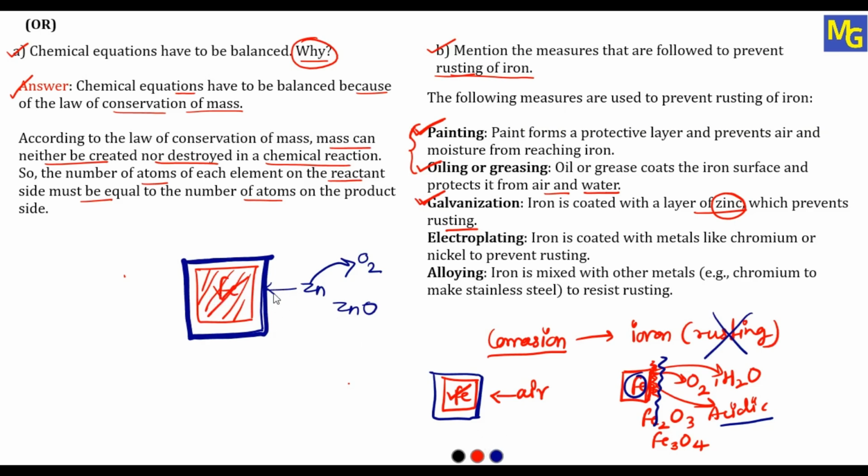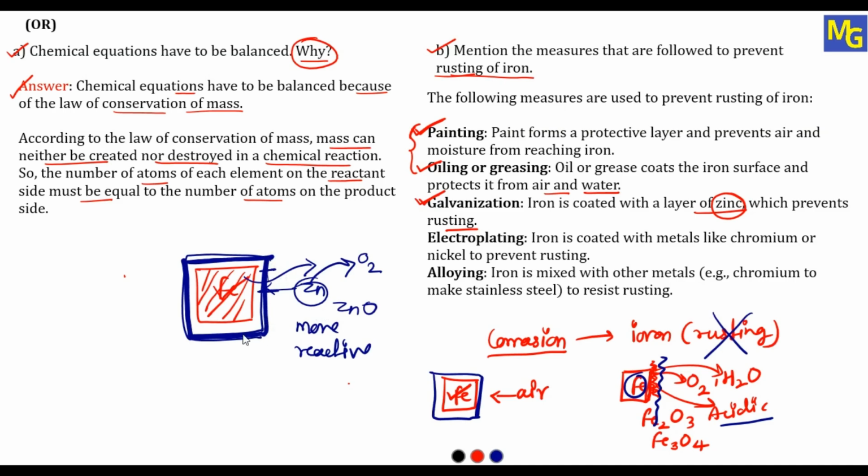But because of continuous rusting of the zinc present outside, imagine this is the portion of zinc that has undergone corrosion, and from this position the iron comes in contact with the oxygen. Even then, if you compare the reactivity, zinc is more reactive, and therefore as long as we have this zinc coating, the iron will be safe.